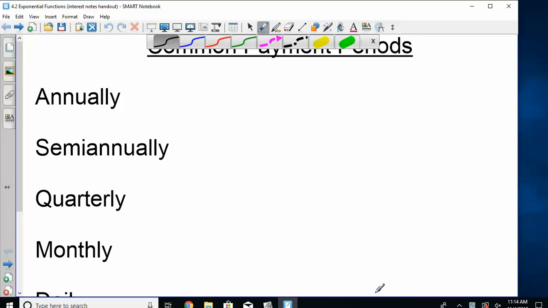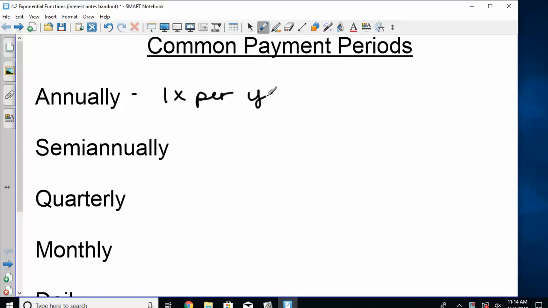With our interest, I just want to make sure we know what some of these terms mean. We're going to see some common payment plans. If I say annually, what does that mean? Once a year. What would semi-annually mean?